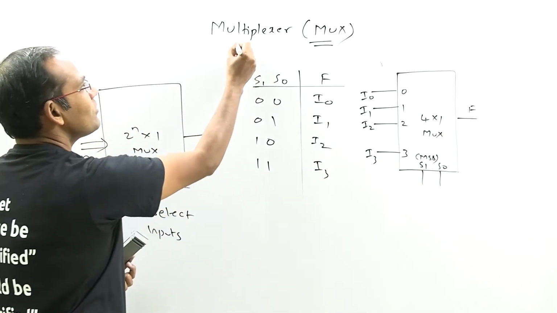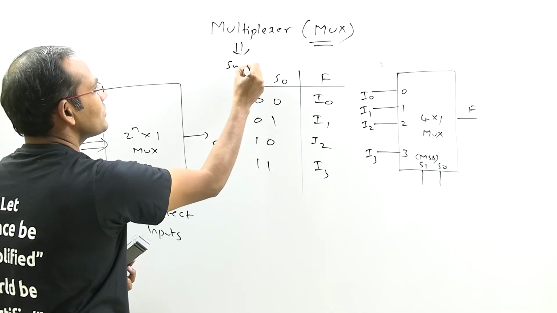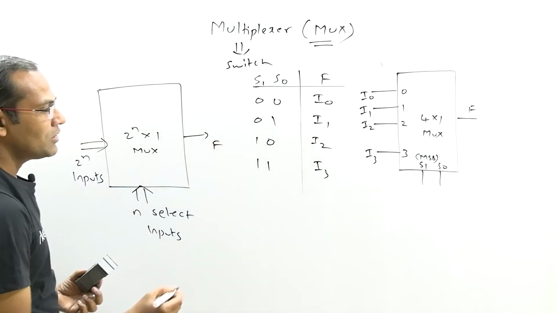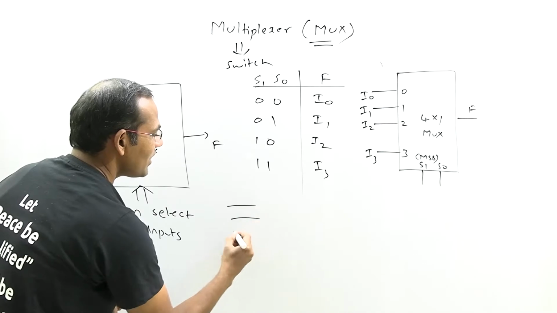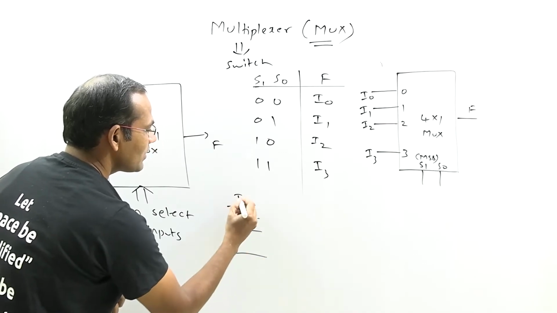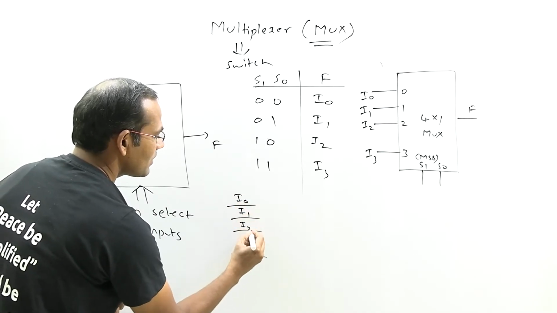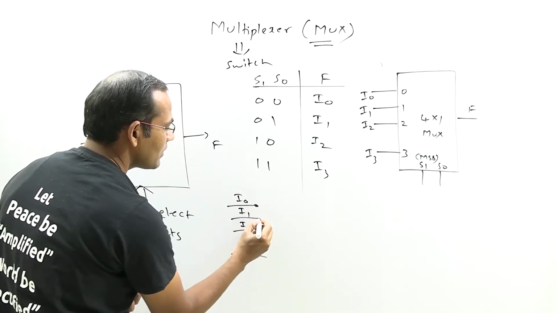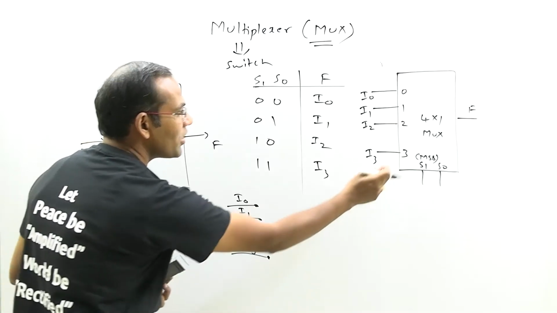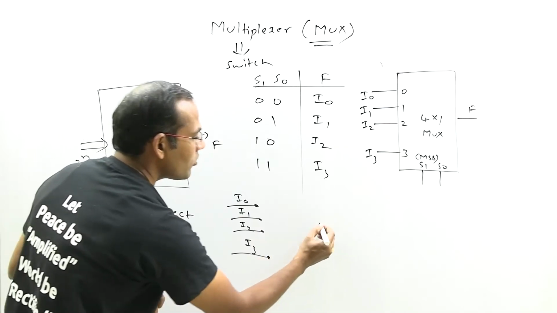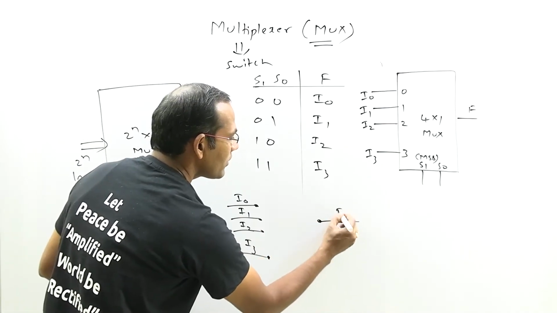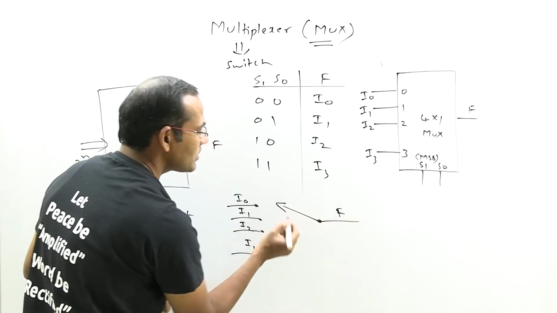Actually, the MUX will work as a switch. Here 4 inputs are there. I am talking about this 4x1 MUX. Only one output. Here is one switch.